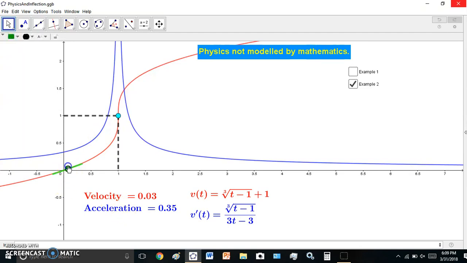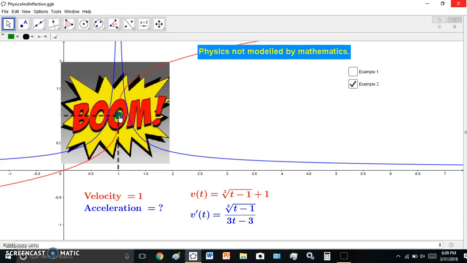We'll notice that as we're approaching the point of inflection, the acceleration increases and gets very, very large, and the velocity comes close to 1. But all of a sudden, when we hit that particular point, there's no acceleration, because t equals 1 means there's a 0 here. So there's no connection here.